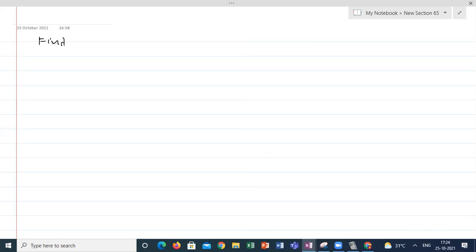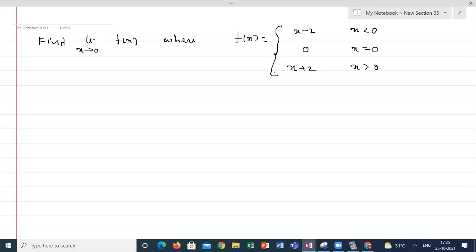Find limit x tends to 0 of f of x, where f of x is equal to x minus 2 for x less than 0, 0 for x is equal to 0, x plus 2 for x greater than 0. Check the value.